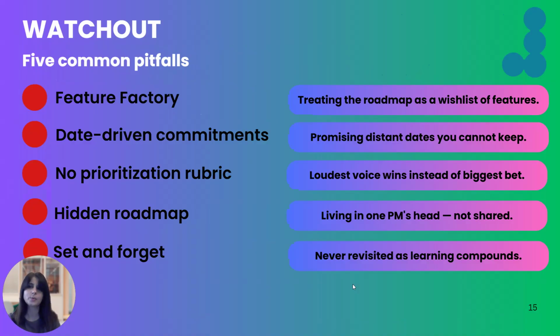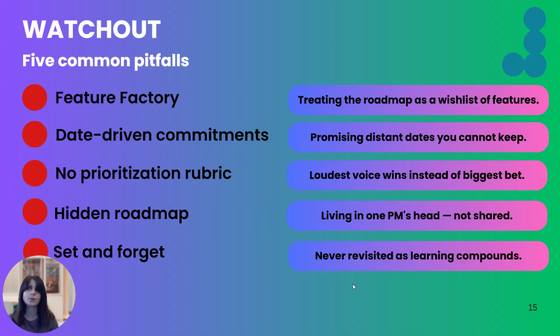So the main things that we should eliminate, that we should not get trapped into, right? For instance, treating the roadmap as a wish list of features, which it is not, of course. You should not be promising dates which you cannot align with.